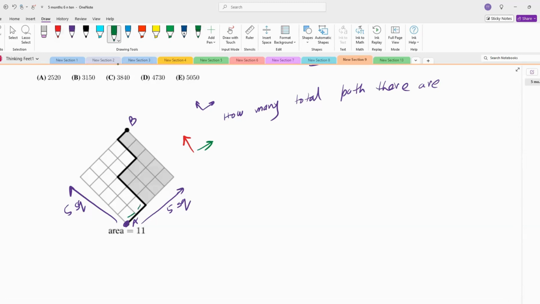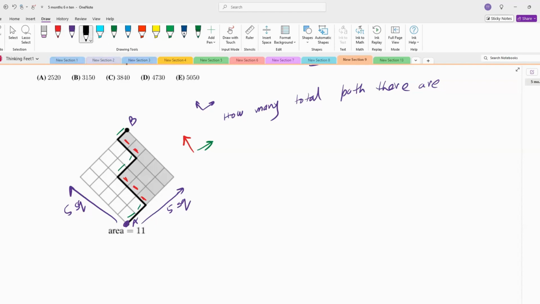So 1, 2, 3, 4, 5, and 1, 2, 3, 4, 5. So no matter how you do the path, you will have to move 5 squares in the green direction and 5 squares in the red direction.